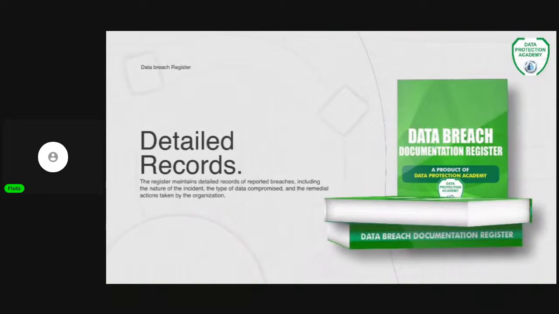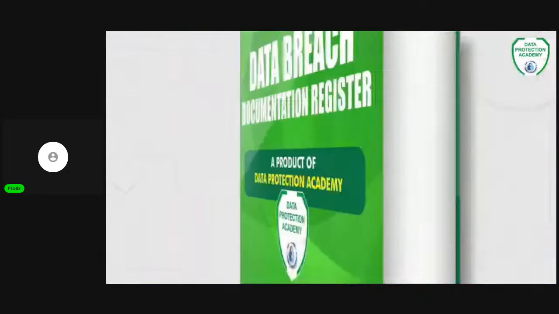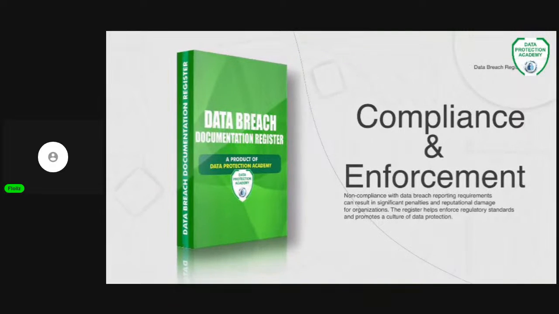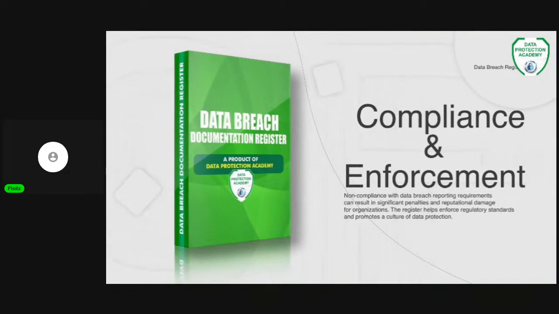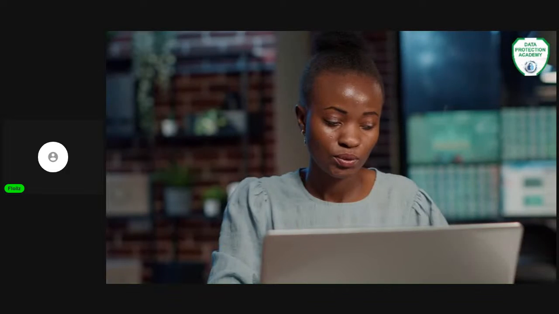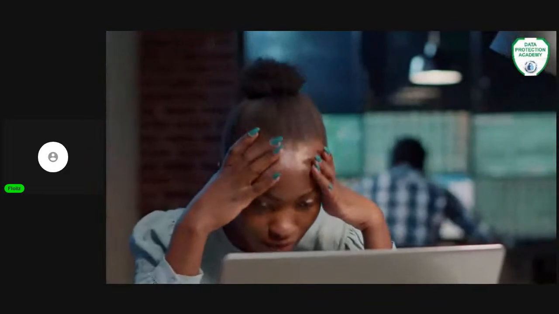The register maintains detailed records of reported breaches, including the nature of the incident, the type of data compromised, and the remedial actions taken by the organization. Compliance and enforcement. Non-compliance with data breach reporting requirements can result in significant penalties and reputation damage for organizations. The register helps enforce regulatory standards and promotes a culture of data protection.